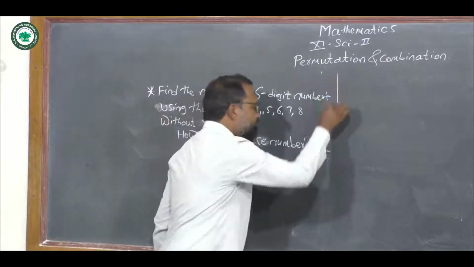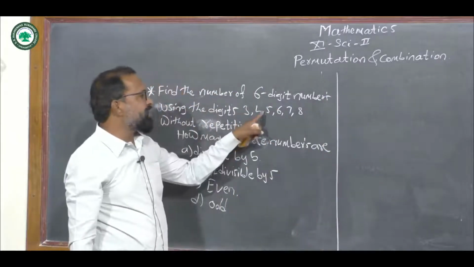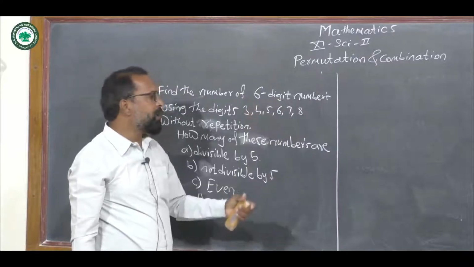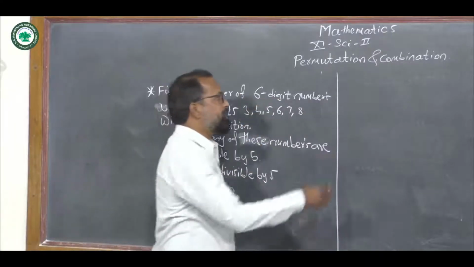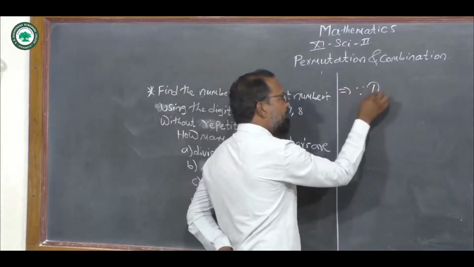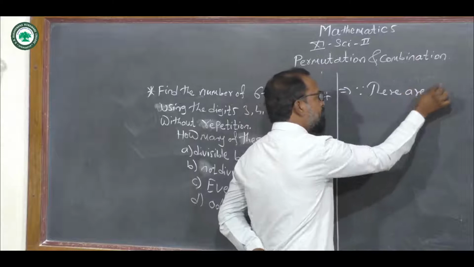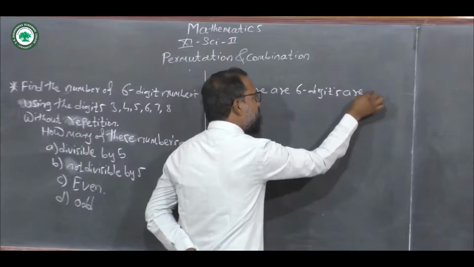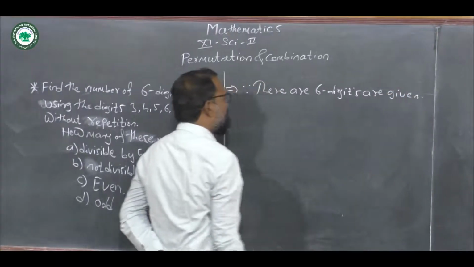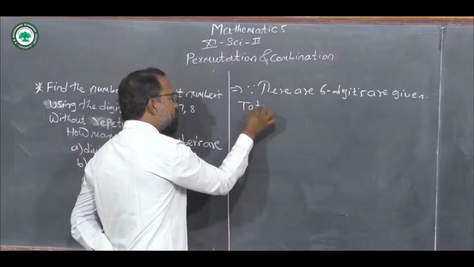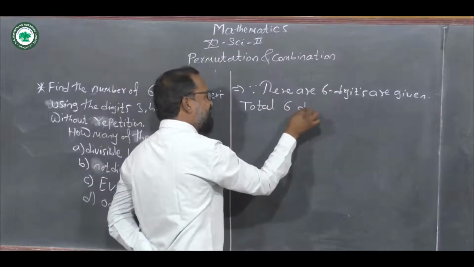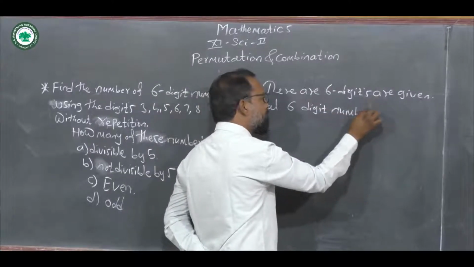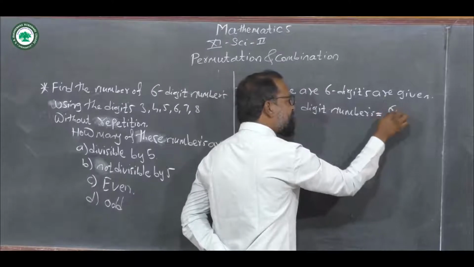Now, since 6 digits are given and we have to form a 6-digit number, this can be formed in 6P6 ways. So the total 6-digit numbers equal 6P6.